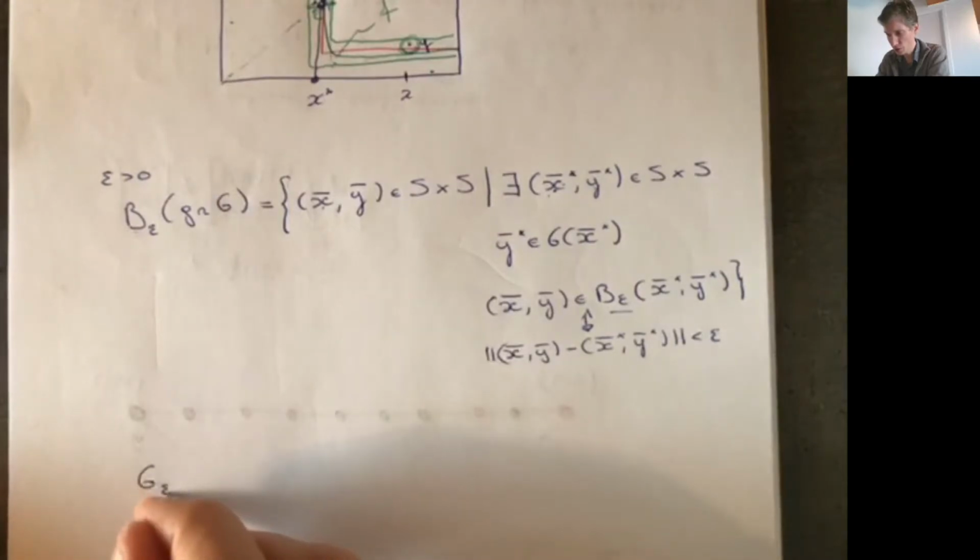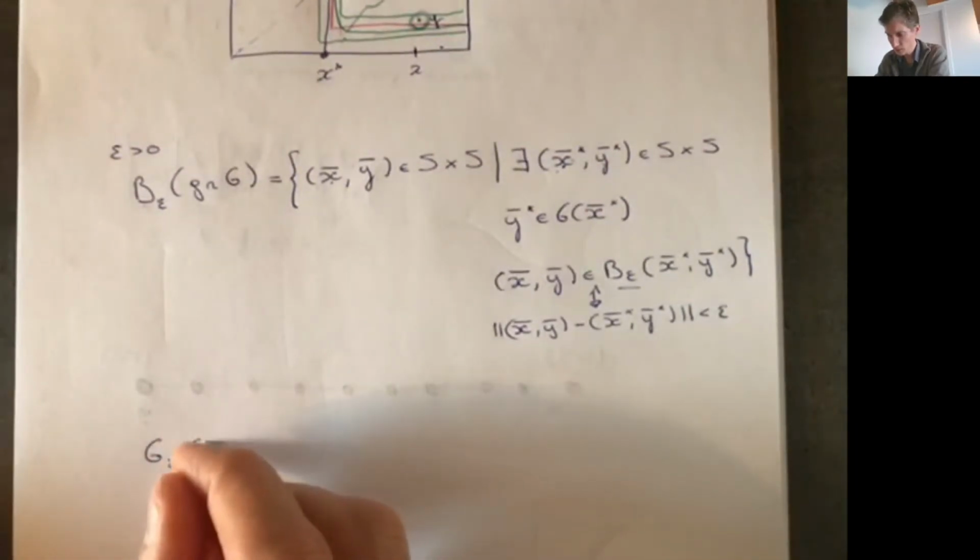So what's now the green correspondence? Let me call this G epsilon of x.